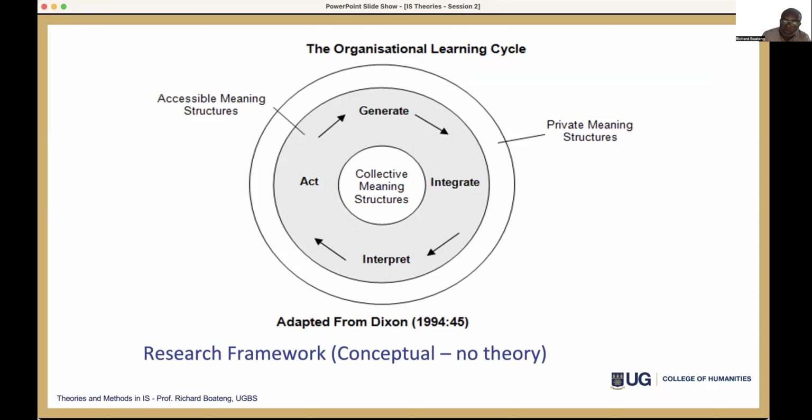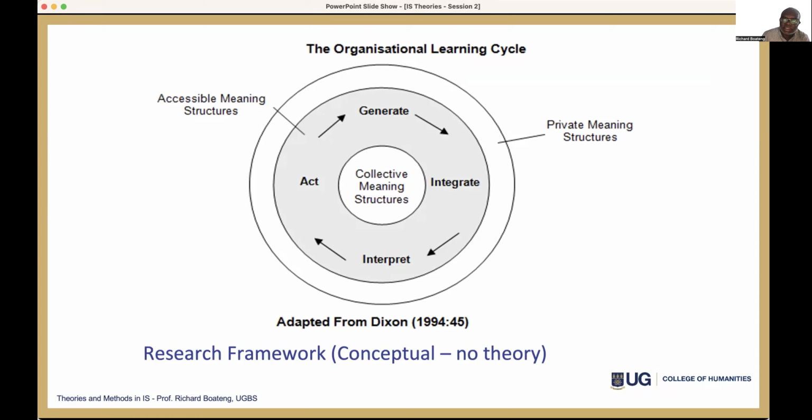Now, Dixon argues from what we call the theory of meaning structures, which was also developed by McLean in a dissertation. According to Dixon, for organizations to learn, they need 3 types of meaning structures: the accessible meaning structure, the collective meaning structure, and the private meaning structure. Sometimes meaning structures is how we create knowledge.